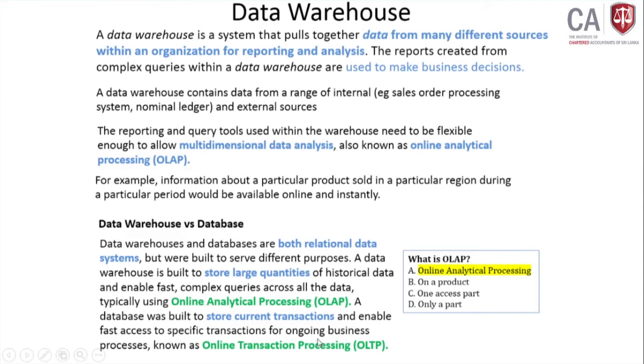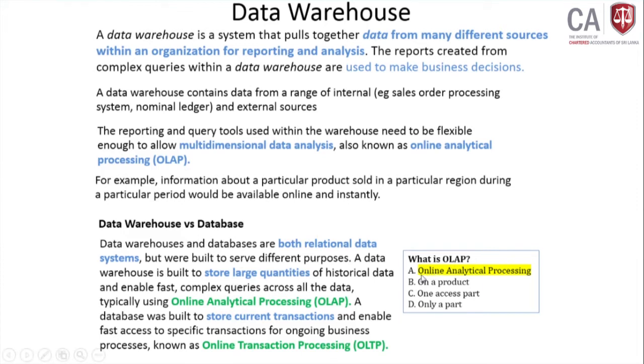So in the data warehouse, what they do is use historical data. They are storing the historical data in large quantities. A lot of data is available in the warehouse, but in a database it is not like that. In the database, the current data which is happening now will be stored. Current transaction data will be stored in the databases. This difference has to be understood in order to select the correct answer for the questions.